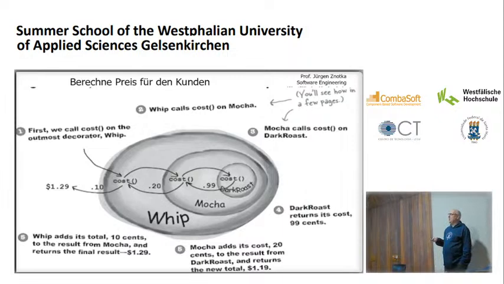So he gives back his 99 something, maybe dollars, 99 cents. This method is adding 20. This is adding another 10. So these are added together and you get a price of 129.